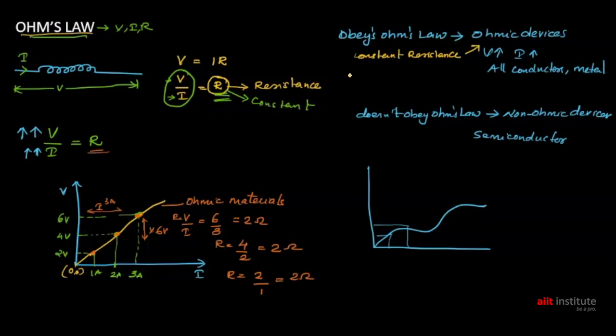The material or the devices whose resistance changes with voltage and current are non-ohmic devices. So this is how we can find whether a device or material obeys Ohm's law or not.